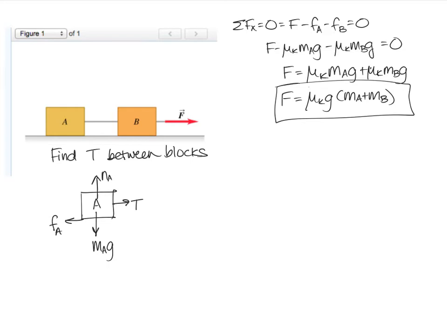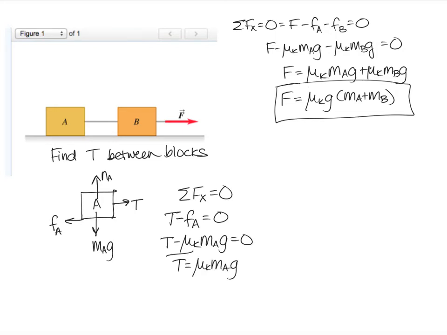So I want to figure out what the tension is. That's going to be force in the x direction, so I'm going to look at that. I have tension minus the frictional force on A is equal to 0. And so we find it actually pretty easily.